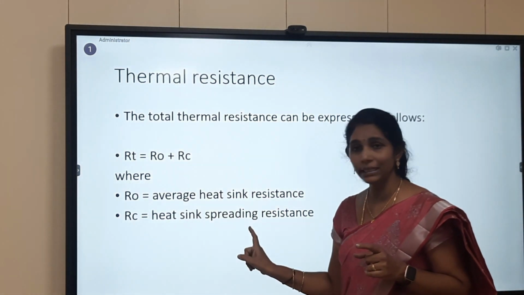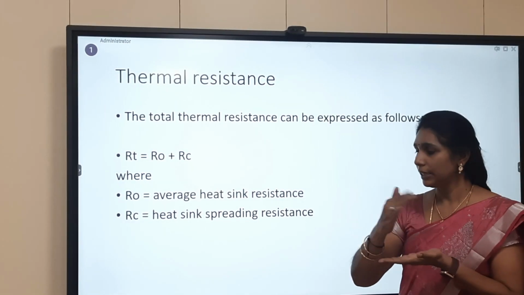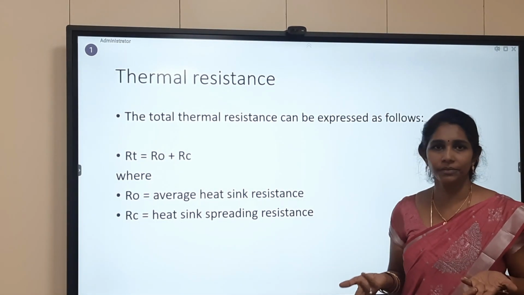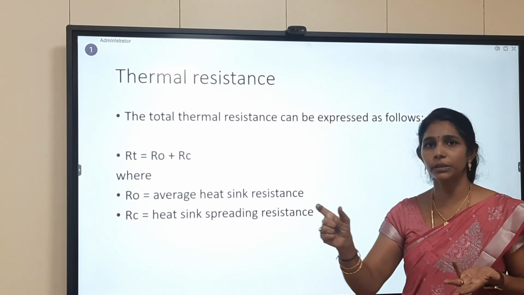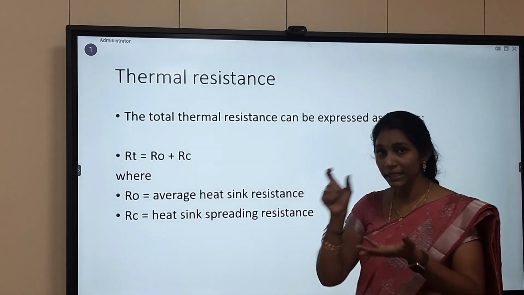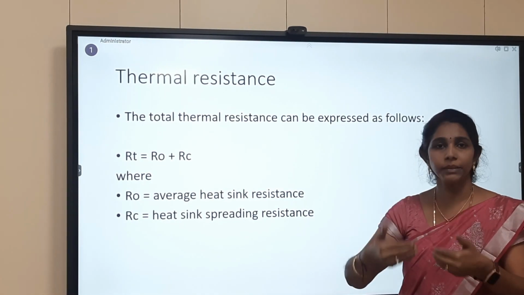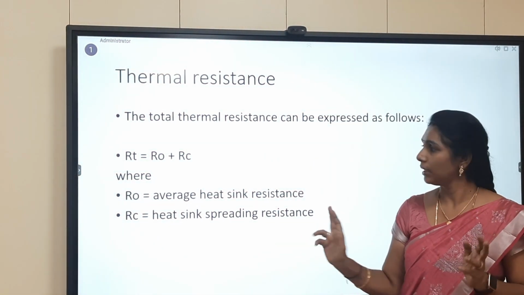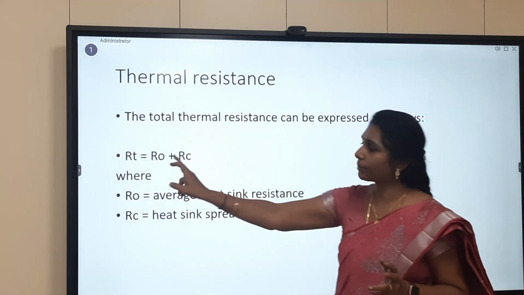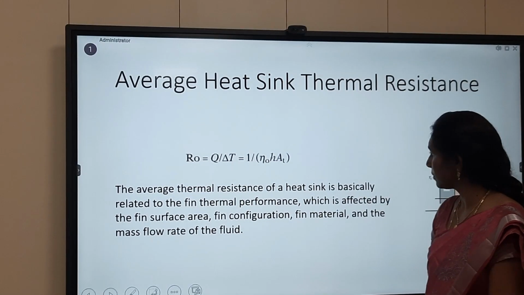Whereas spreading resistance is from the base of the fin to the other parts. When I say from the base, it is obviously convection only, heat contributed due to convection. Whereas the average heat sink resistance comes from the heat that is contributed by convection from the body of the fin to the surface, right? So these two resistances clubbed together are called the total resistance, right?